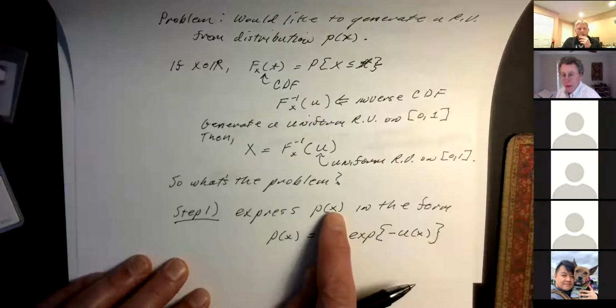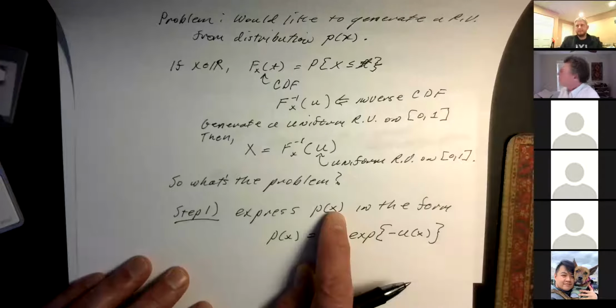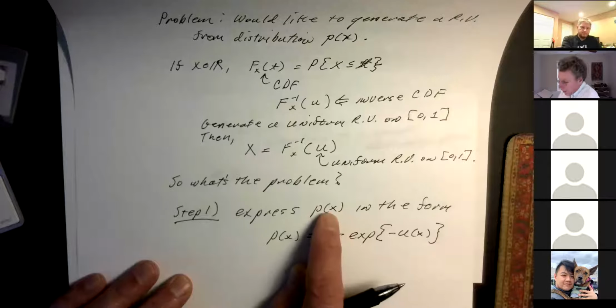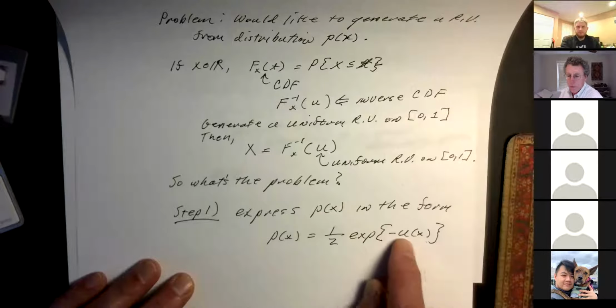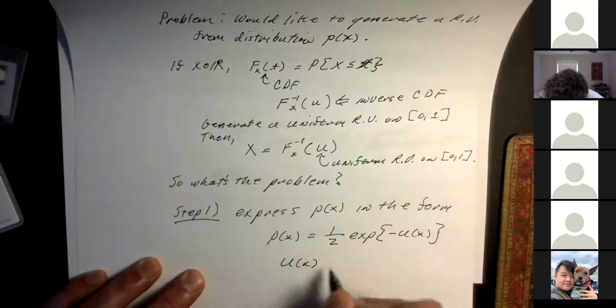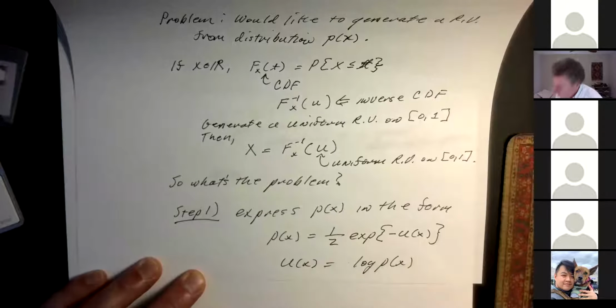If there are some states that occur with probability 0, then you just have to eliminate them from the state space, because you can't take the log of 0, because U of X equals the log of P of X, right? But subject to that concern, you can always do this.